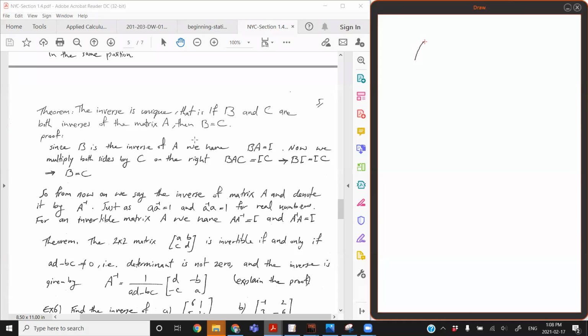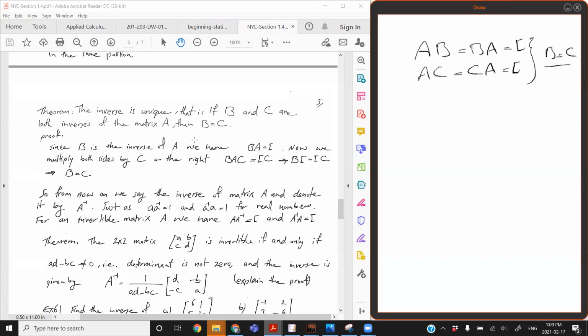So if you have a matrix A and you find two inverses for that, for example, B, so that AB and BA is I, and you also find a matrix C, so that AC and CA is I, then this will imply that B and C are the same matrix.